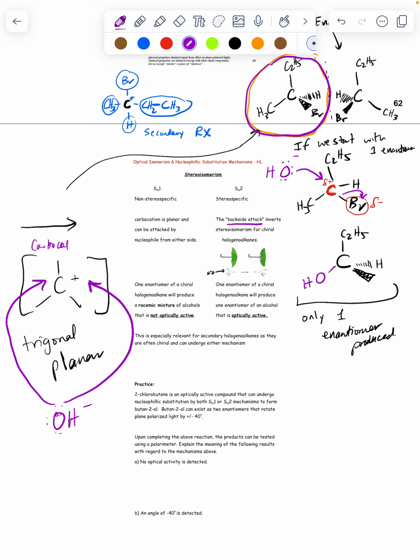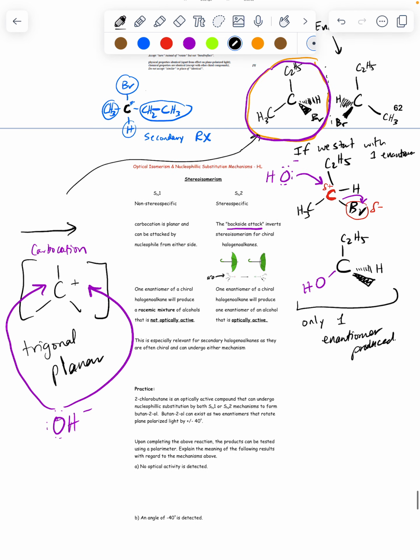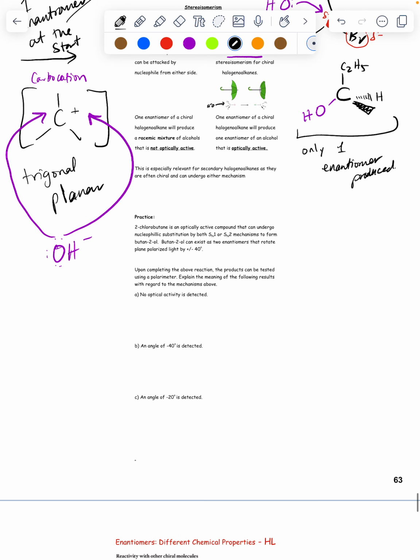And so because of how the mechanisms are different, we end up in a different situation about orientation. And so now that the hydroxide can attack from either direction, either orientation, if we started with just one enantiomer at the start, if something does the SN1 mechanism only, then we would expect to end up with a 50-50 mixture of the two alcohols when we're done.